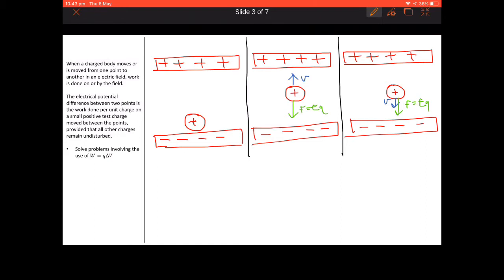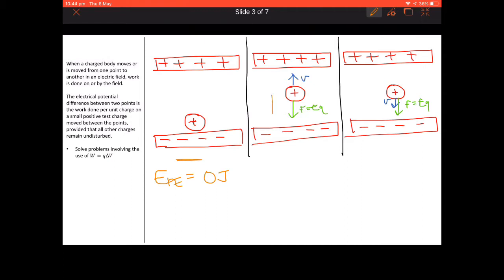In the first one, the electrical potential energy is going to be equal to zero, because the charge is at its opposite plate, the plate opposite to the charge's charge, and there is no energy because the charge isn't going to move anywhere unless work is done on that charge, because it wants to be at its opposite charge because opposites attract. So electrical potential energy there is 0.